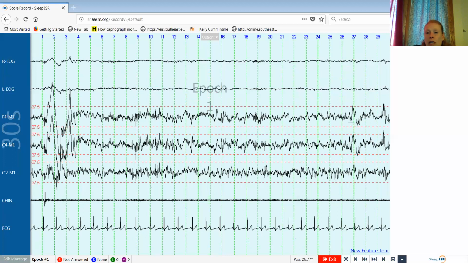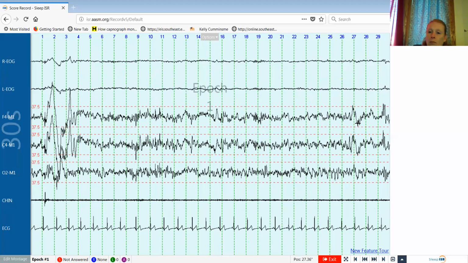Let's go over here. Here, this looks like a K-complex. We have a negative deflection followed by a positive deflection. But in order for it to be a K-complex, it has to be greater than half a second. So again, let's use our measurement tool. From the start to the end, it is 0.61 seconds, so it's greater than half a second.